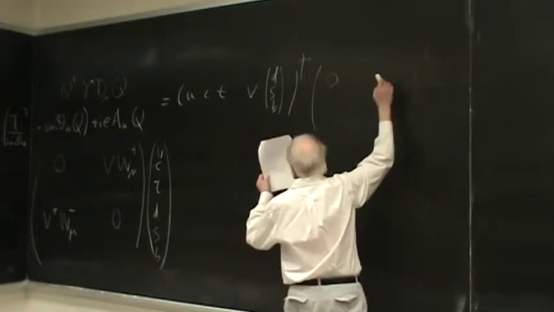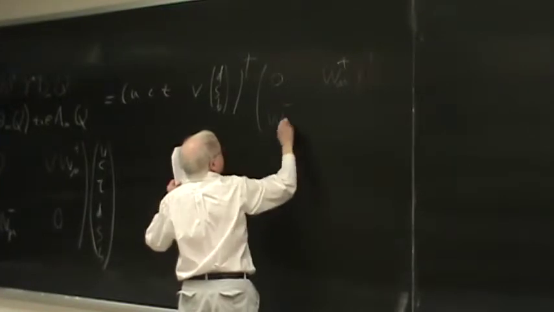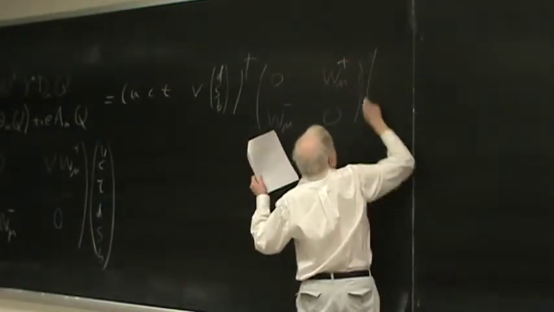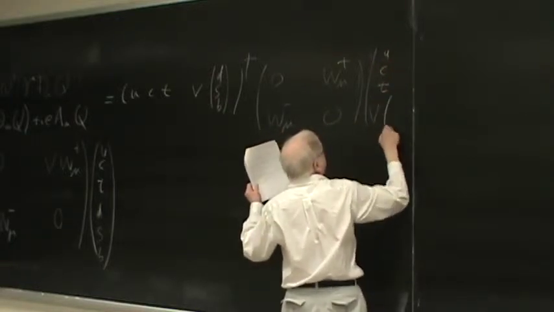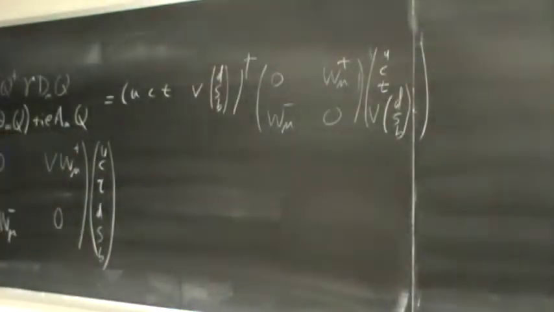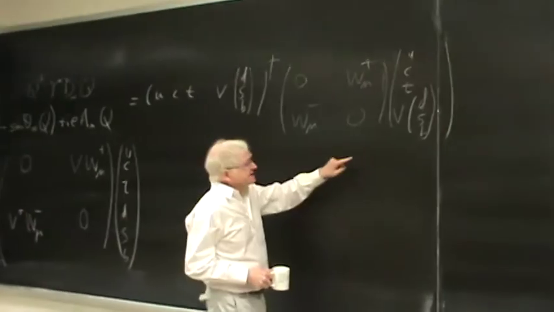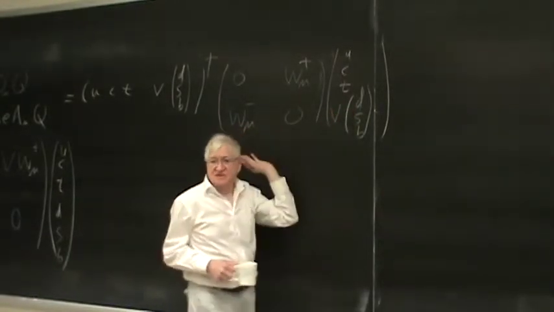And so if I do that, there's the big dagger, and what we have left is just 0, W plus mu times the 3 by 3 identity matrix, W minus mu, 0, and then U, C, T, and then V on D, S, B. So in other words, what the CKM matrix does is it tells us that when we do the weak interactions on the quarks, we take the mass eigenstates and we take linear combinations of the down quarks, and then everything's fine.